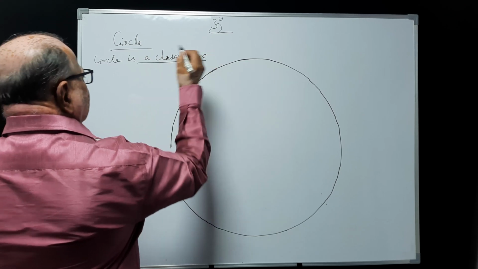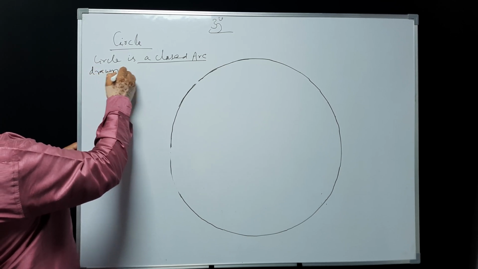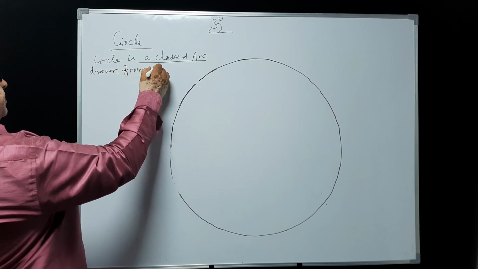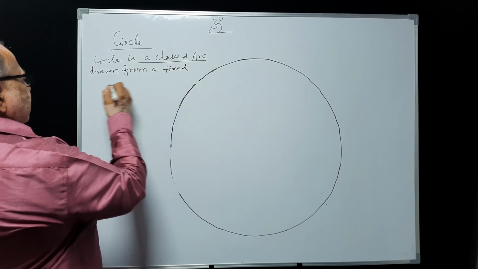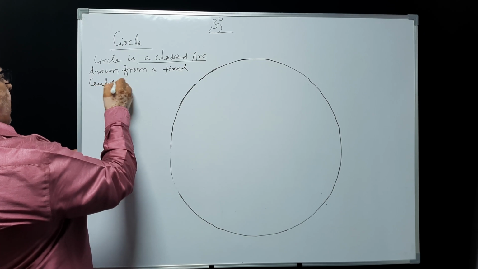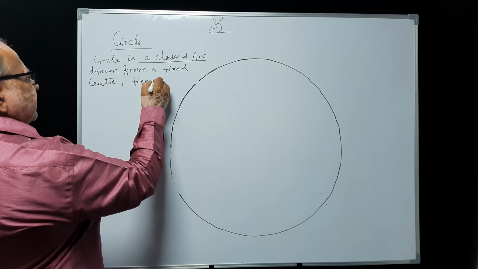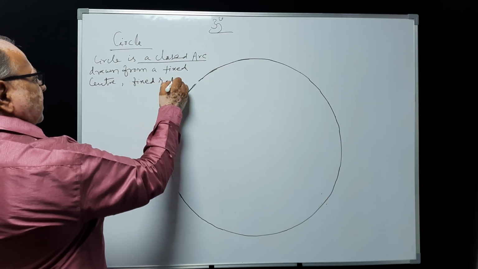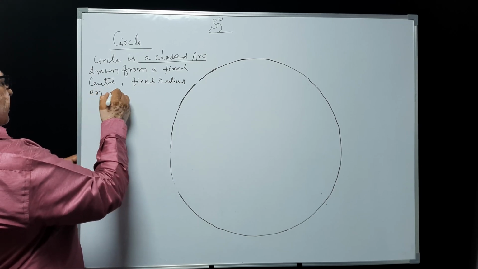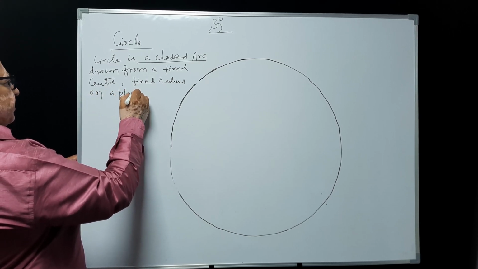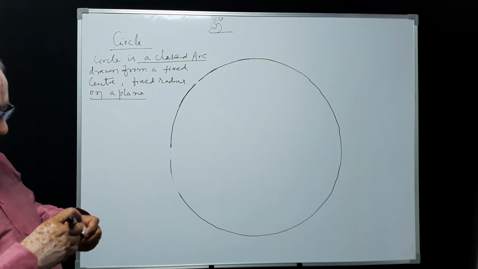It's a closed arc drawn from a fixed center, fixed radius, on a plane. So this is the simple definition of circle.